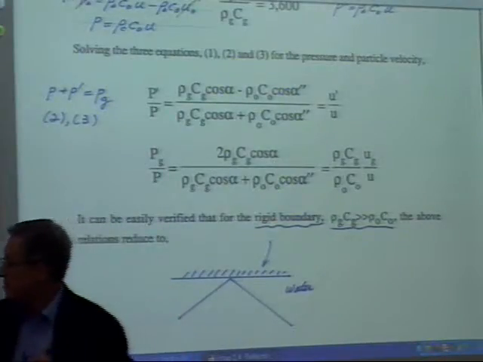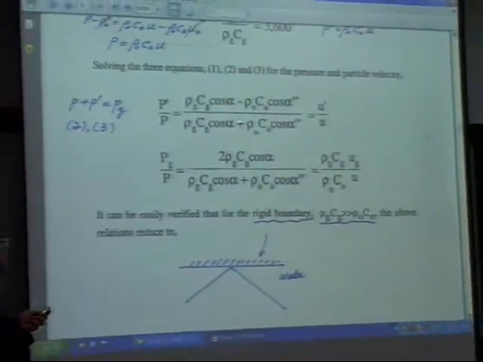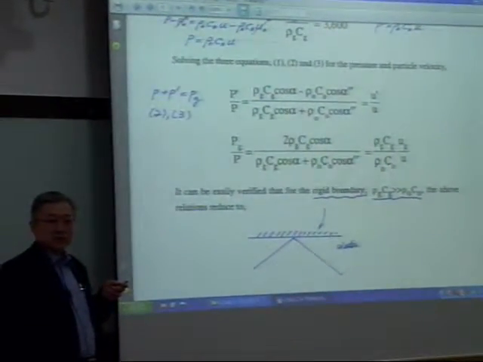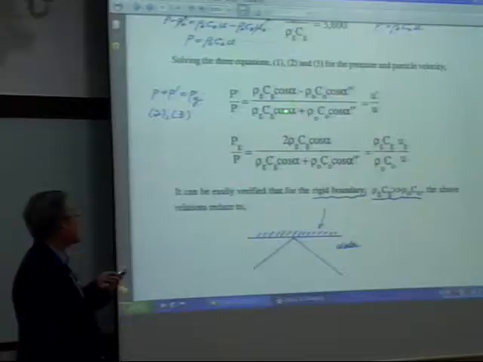So I can replace that. In this equation here, look at this carefully. I'm going to divide everything, top and bottom, by rho G Cg. Then what happens? This term, cosine alpha, remains as is.